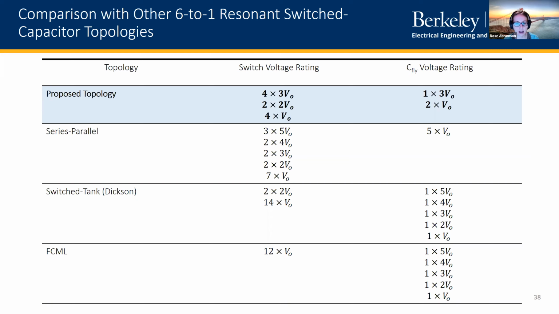So here we have 4 switches that need to be rated at 3 V out, and then 2 switches that need to be rated at 2 V out, and 4 switches that need to be rated at V out. And I'll go over an actual hardware implementation where we can achieve this with normal low voltage MOSFETs. But if you compare this to other topologies, you can see that there is still some benefit here, in that we don't see the very high switch voltage rating, for example, of the series parallel.